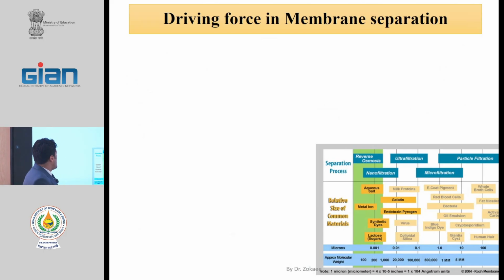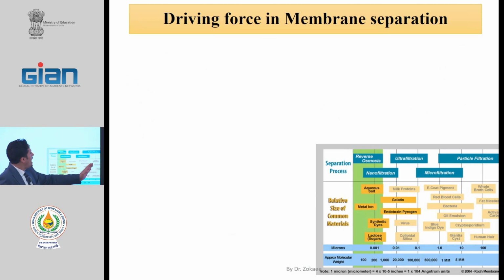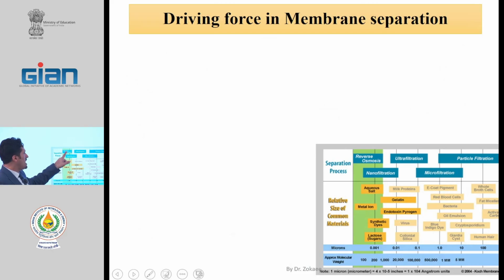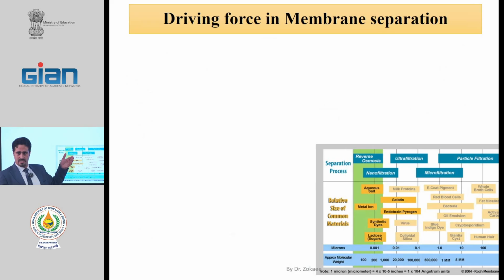But going from right to left, microfiltration, UF, NF, and RO, we need higher pressure. And high pressure means high energy. Therefore, the energy consumption of RO is much higher than MF.